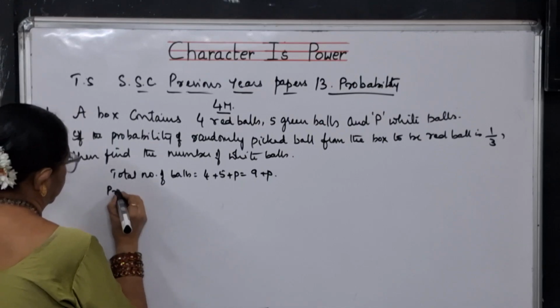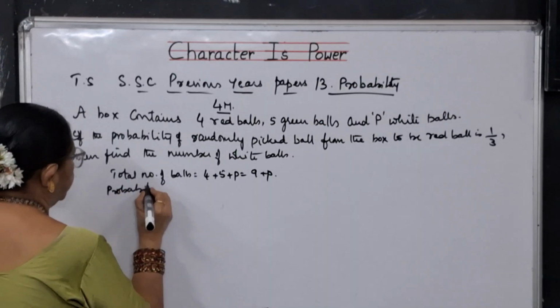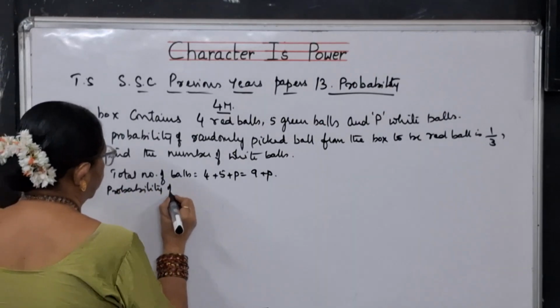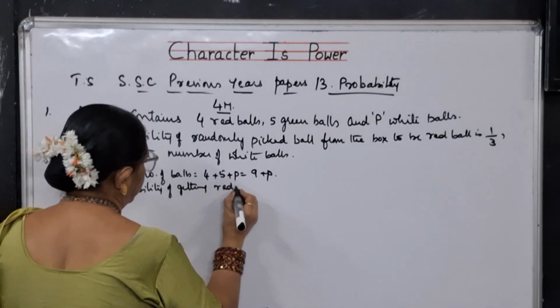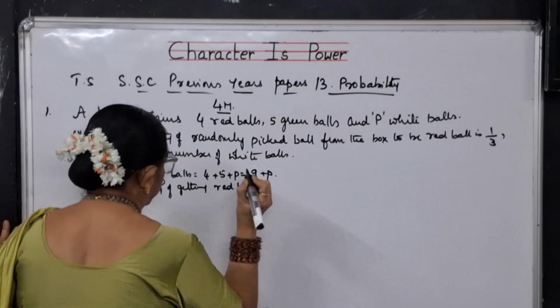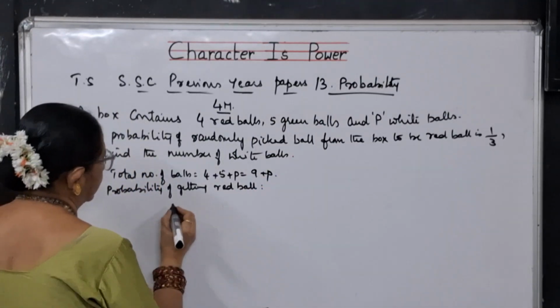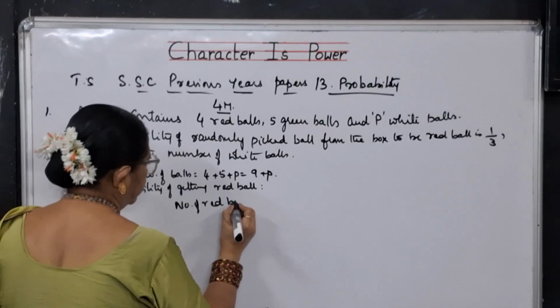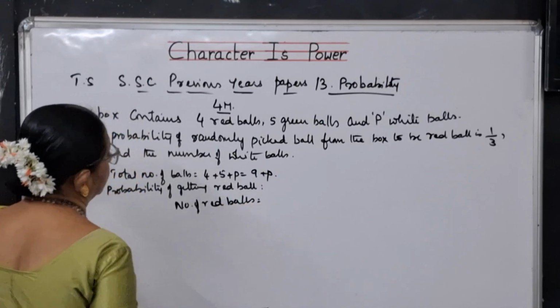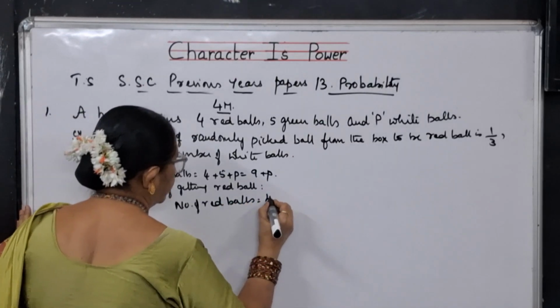Then the probability of getting a red ball. Let us see. Number of red balls, how many are there? 4.